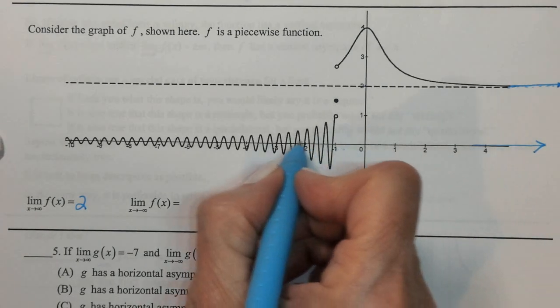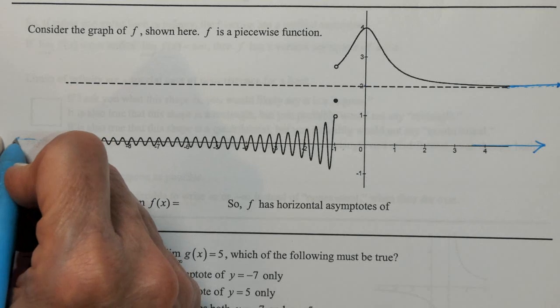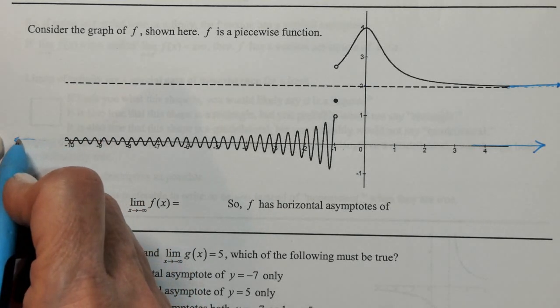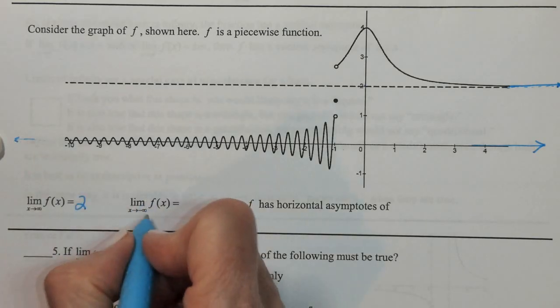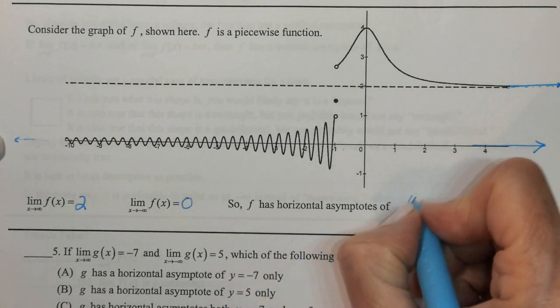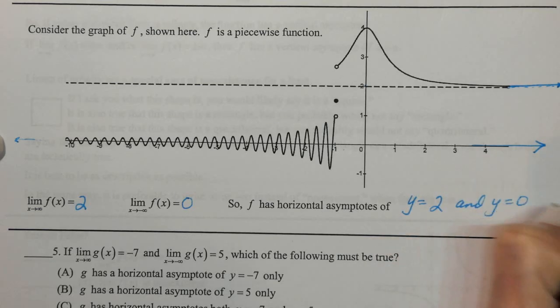What about as x approaches negative infinity? As x approaches negative infinity, what does it appear that the y values are getting closer and closer to? 0. Therefore, f has horizontal asymptotes of y equals 2 and y equals 0. Okay?